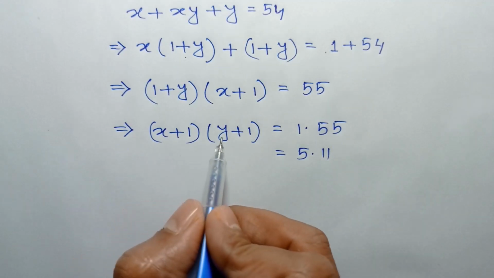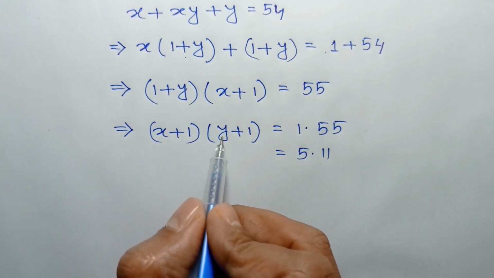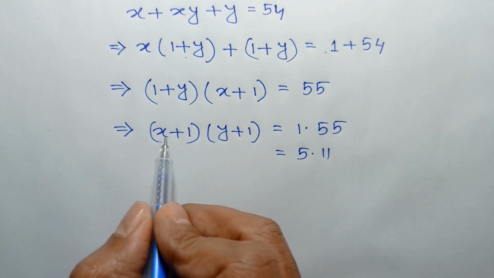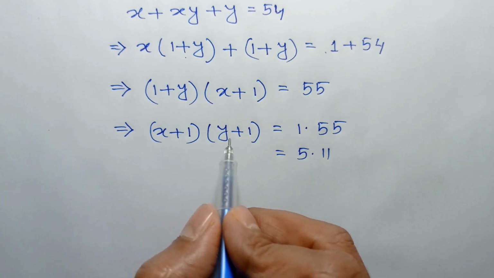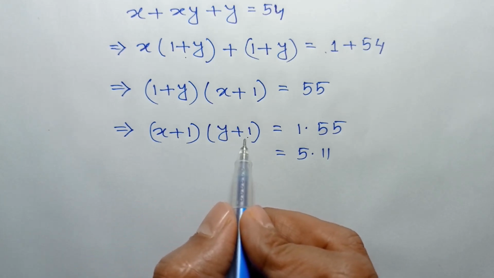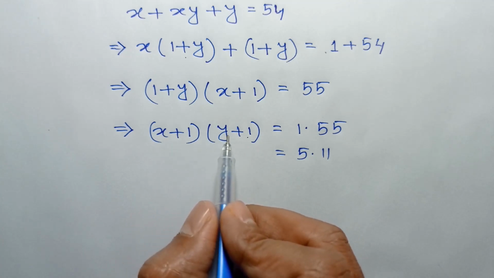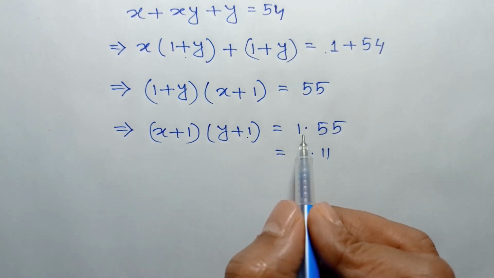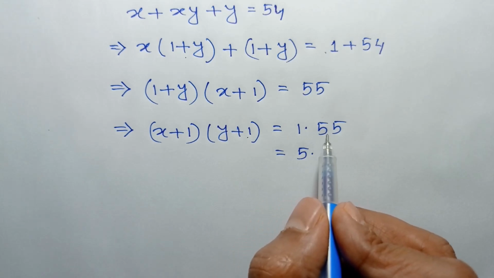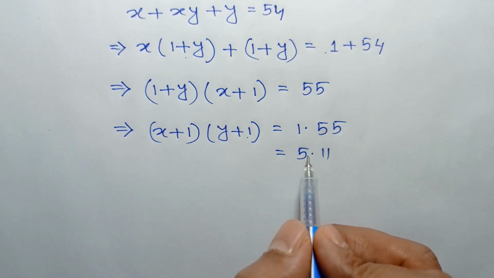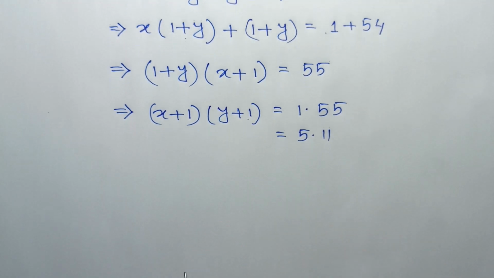As x and y are natural numbers, x plus 1 is greater than 1. Similarly, y plus 1 is also greater than 1. So (x plus 1) times (y plus 1) cannot be 1 times 55. So this is equal to 5 times 11.